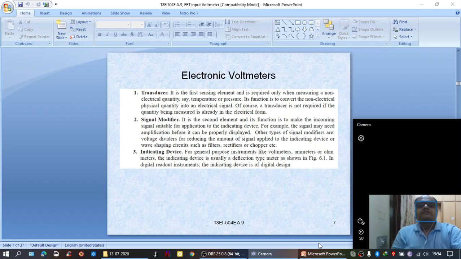So the function of the transducer is to convert the non-electrical physical quantity into an electrical signal.